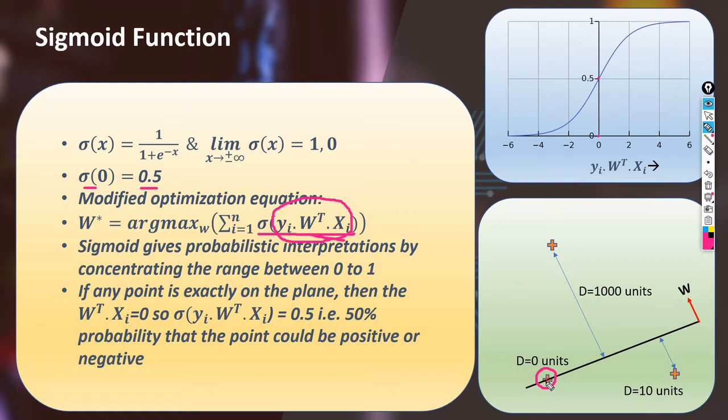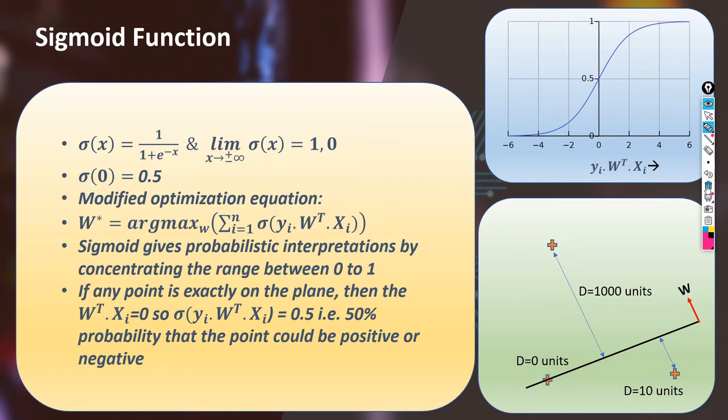So the signed distance as a whole is 0, right? So when it is passing through sigmoid of 0, what is sigmoid saying? 0.5. That means sigmoid is saying that this point could be 50% positive or 50% negative.